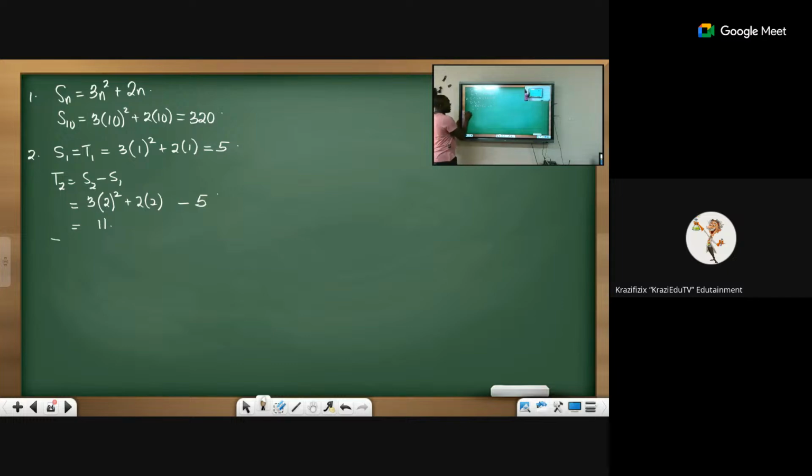What is T3? S3. We've done this, so that's why I'm compressing my workings now. 3 squared plus 2 multiplied by 3. Let me put a bracket here for us to see. This is S2 minus S1.